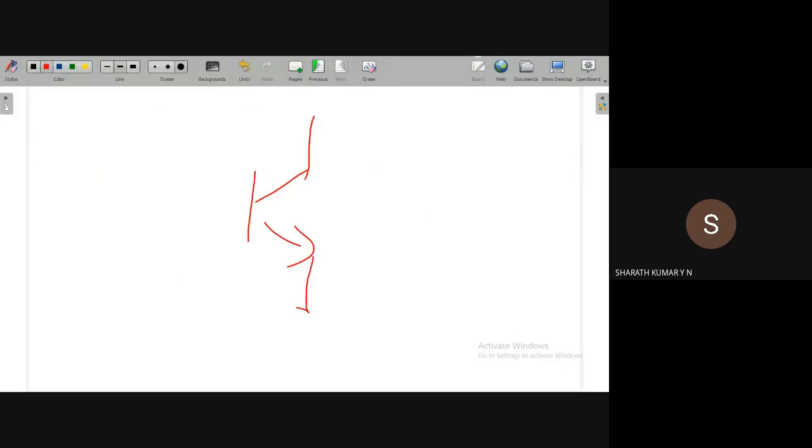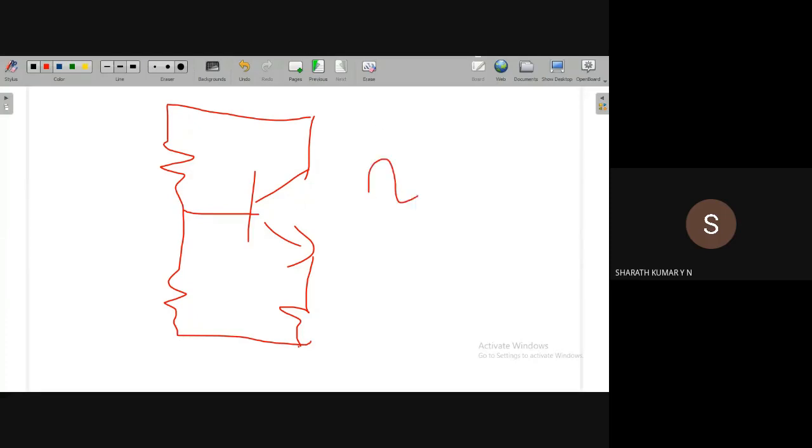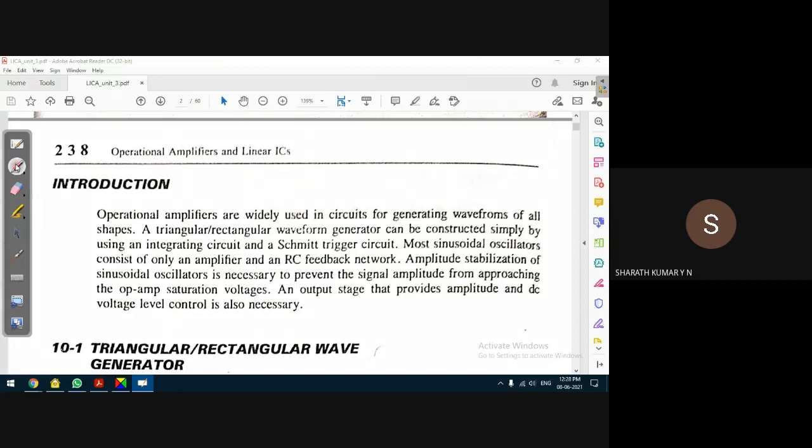In that we used the BJT to generate the sinusoidal oscillations. So sinusoidal oscillations can be generated using a simple amplifier circuit and a feedback network using an RC combination.